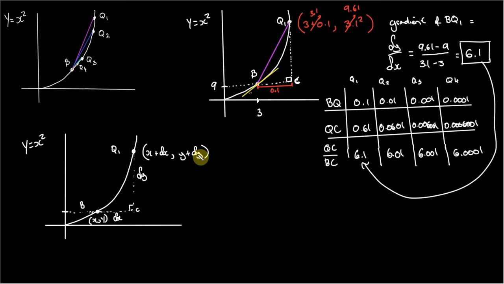To summarize, the x coordinate of our point q sub 1 is x plus delta x, where delta x is used to denote a small change in x, a very incremental small change in x.